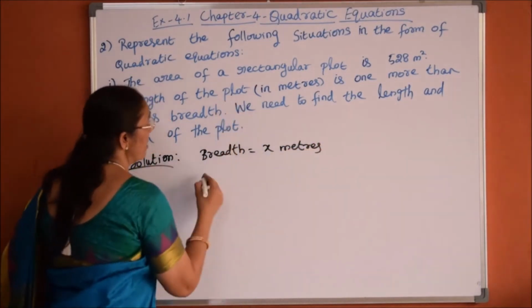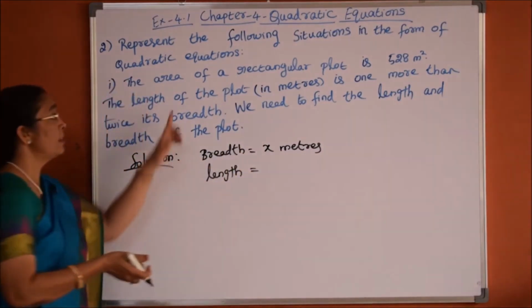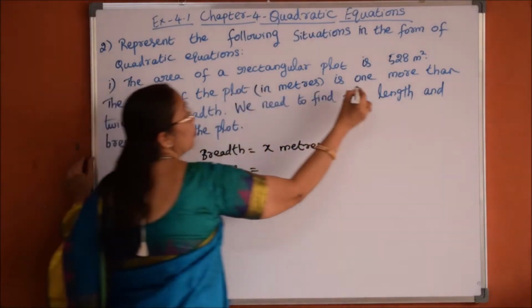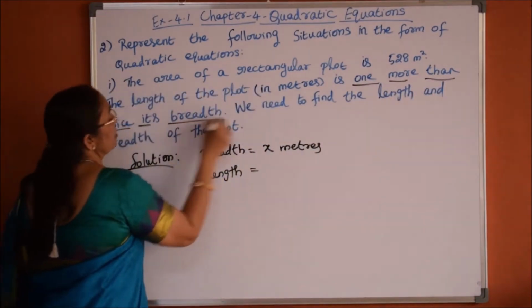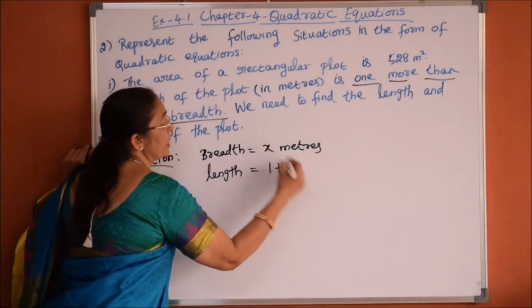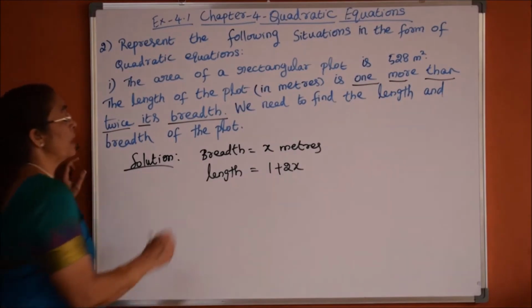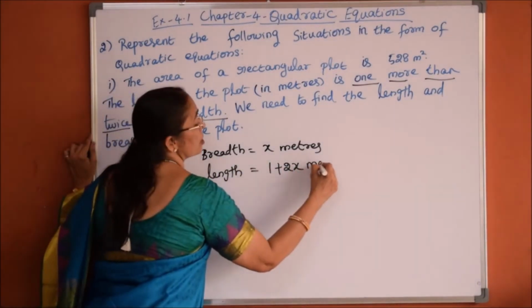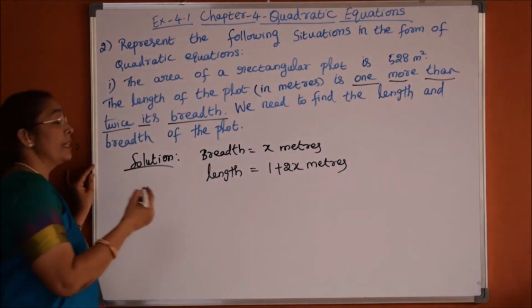According to the given condition, what can be the length? The length is 1 more than twice its breadth. The breadth is x, so the length is 1 plus 2x meters. Now, what is the area of the rectangle? Area of the rectangle is length into breadth.